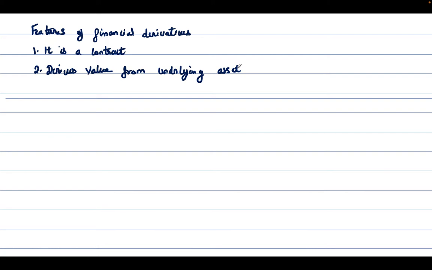How is the value derived from an underlying asset? For example, agricultural commodities, metal, financial assets, intangible assets, etc. So derivatives are actually a document. It doesn't have any value. The value for that derivative comes from an underlying asset.